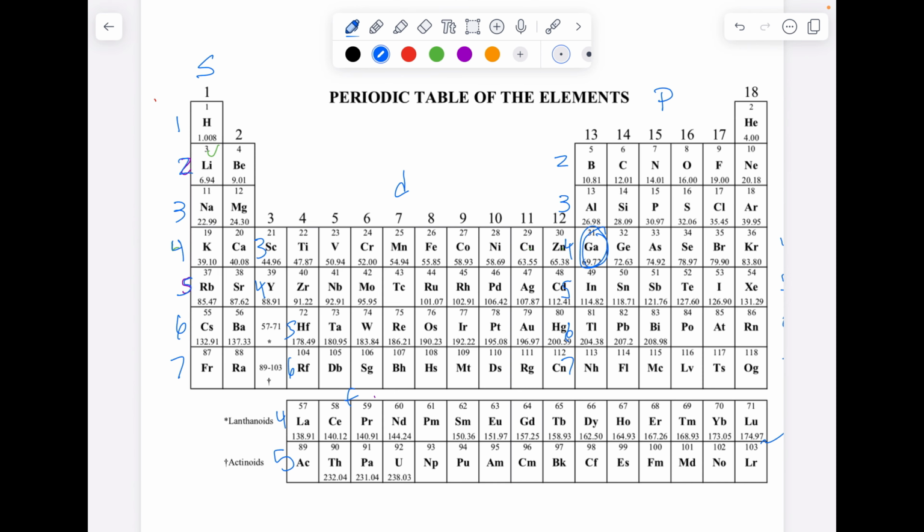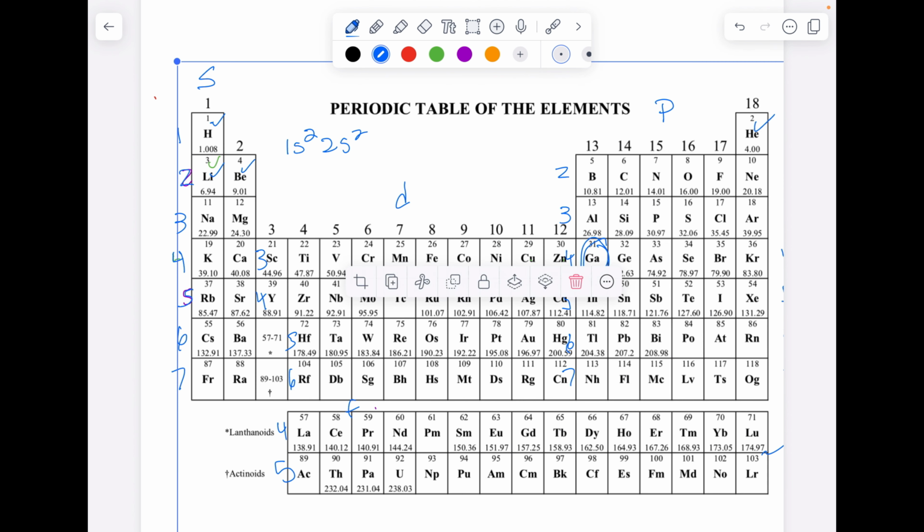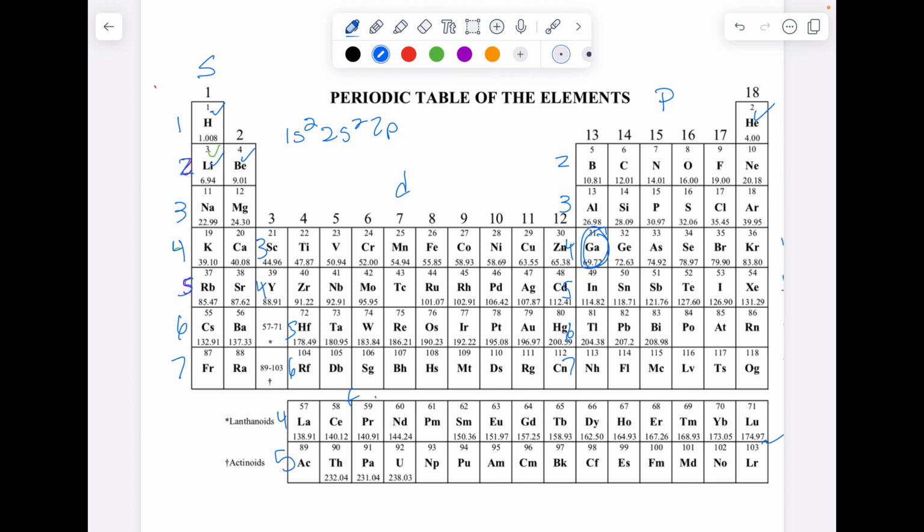Gallium's right here. So I have 1s2, and then I have 2s2, and now I've hit 2p, and I have 1, 2, 3, 4, 5, 6, 2p6. Now I have my 3s block, and I have 2. And then I go over here to my 3p block, and I have 1, 2, 3, 4, 5, 6. 6 of those.